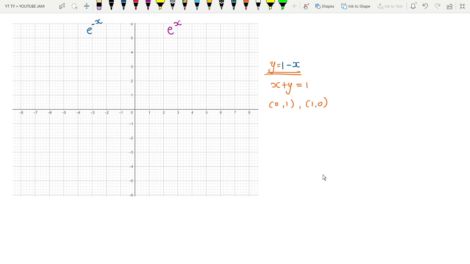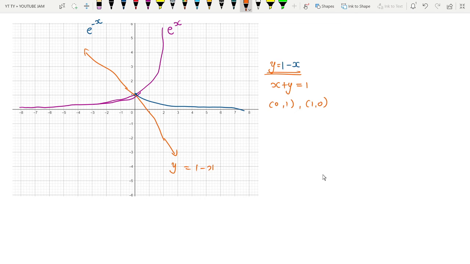So the line will look like this, a straight line. And if you observe, this is my y equal to 1 minus x. Since the exponential is higher than linear, it will be above that line.